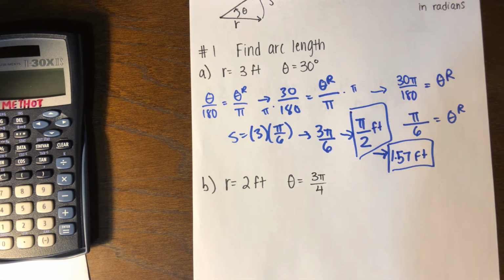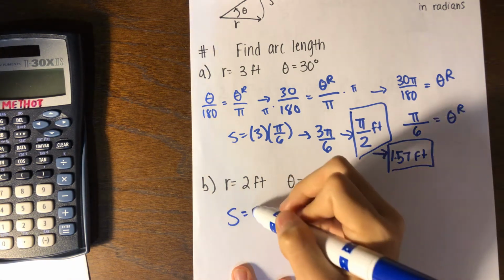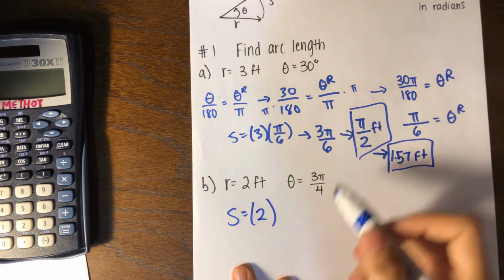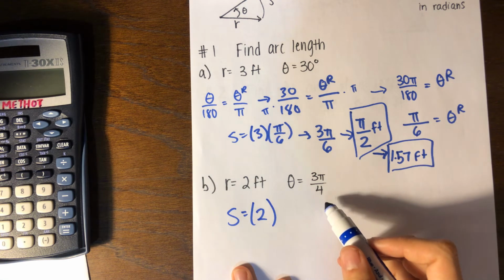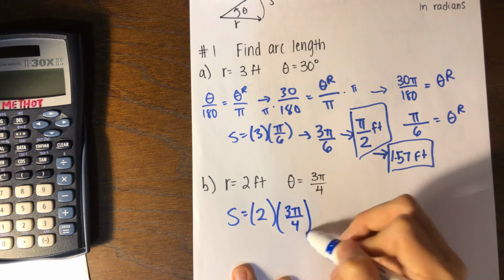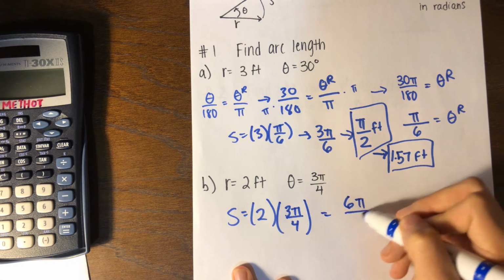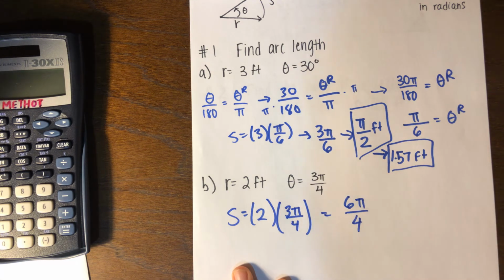Okay, the next one, they actually gave us our theta in radians. So I can just plug that into my formula. S equals, sorry, my radius is 2. My theta, it's in radians, so it would just be 3 pi over 4. I multiply straight across, so then I have 6 pi over 4. If I reduce that, I divide both sides by 2.